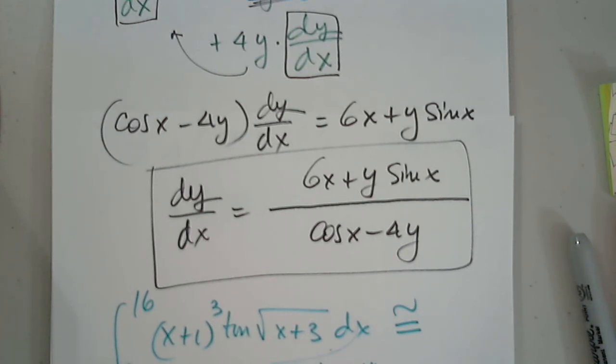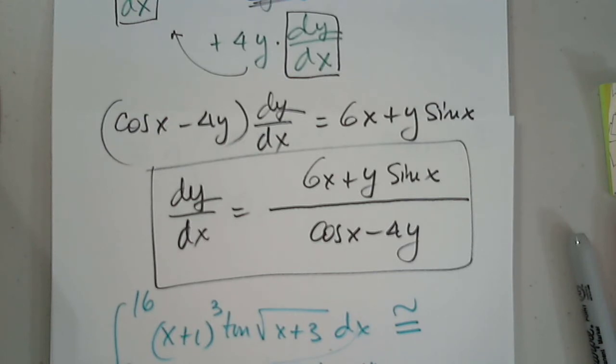I will write 4 in parentheses, list L1 plus 1 to the third power. And then tangent of, square root first, of list L1 plus 3, and then close the parenthesis.